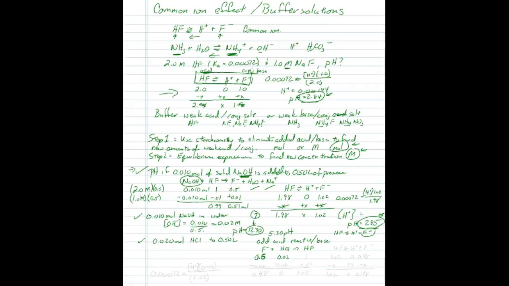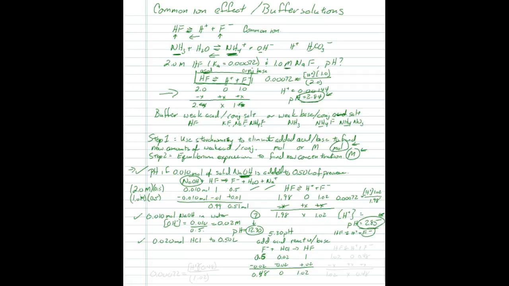And let's see, the HF is 1. So that's correct. Subtract 0.02, minus 0.02, plus 0.02. So the stoichiometry part gives 0.48 and 1.02.